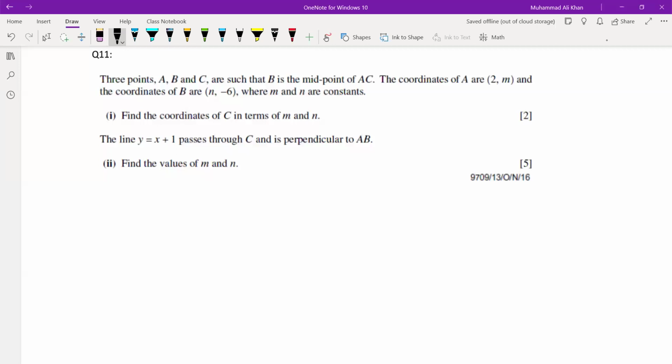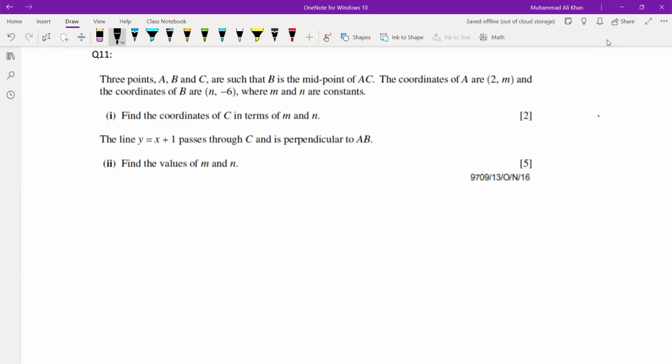Now, question number 11. It's 9709, paper 1-3, October November 16. 3 points A, B, C are such that B is the midpoint of AC. The coordinates of A are this, B are this.